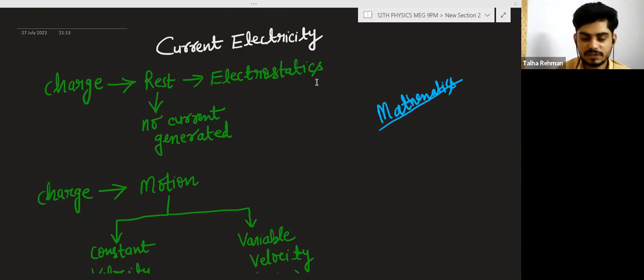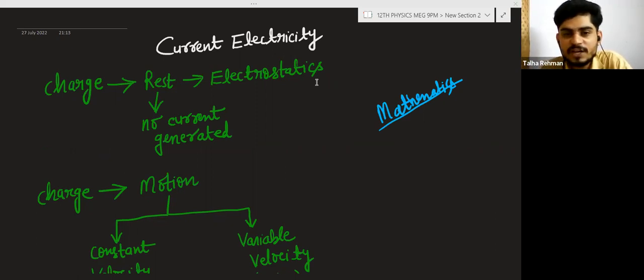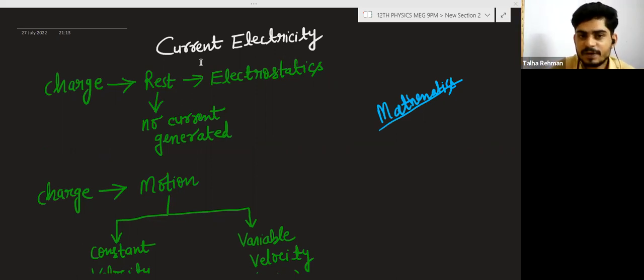In the first unit, you studied electrostatics. Statics means no motion, at a state of rest. In electrostatics, we studied charges at rest. Now, in the chapter current electricity, we will study charges in motion.